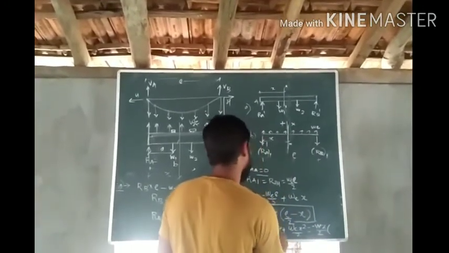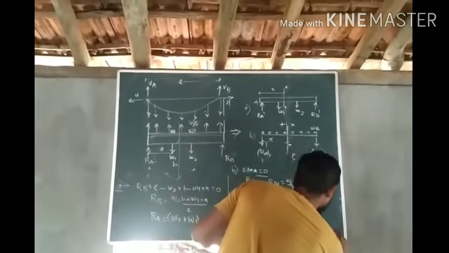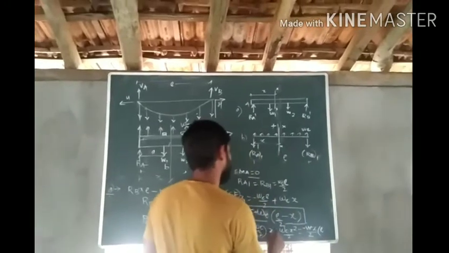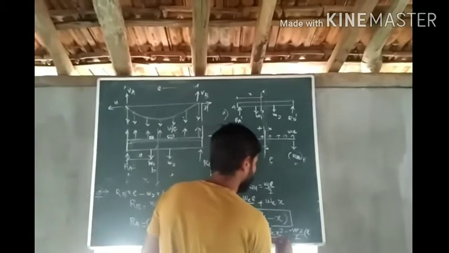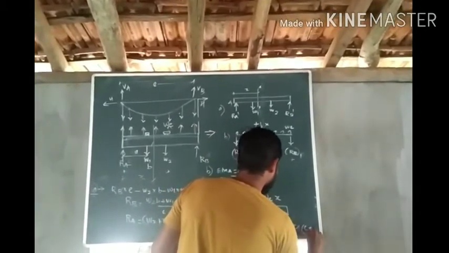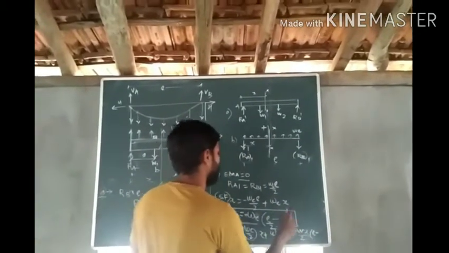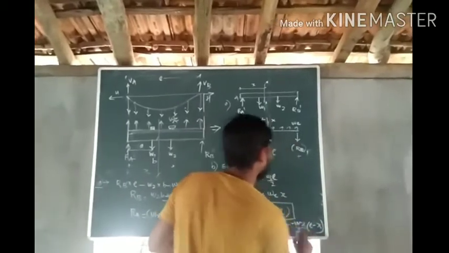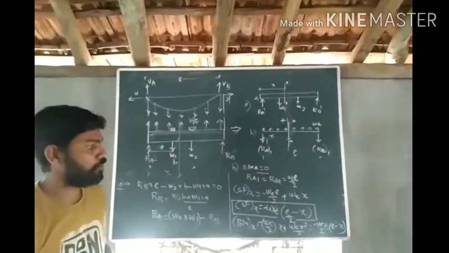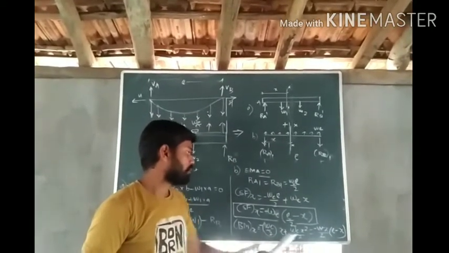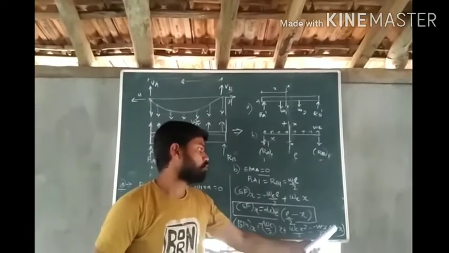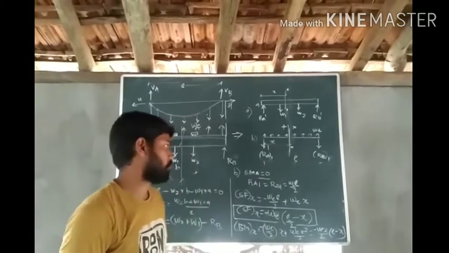So here it is only L minus, and here it is only X. So the bending moment at any location in this UDL, the bending moment at X, is equal to minus W into X divided by 2 into bracket L minus X.